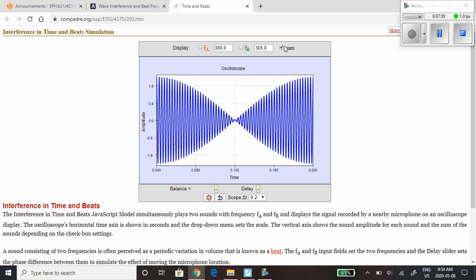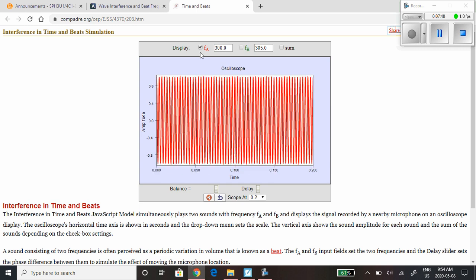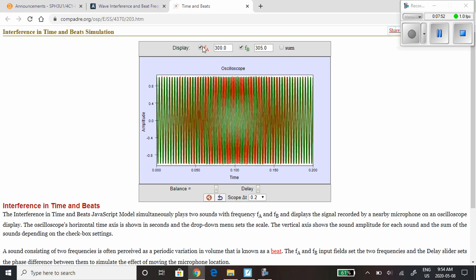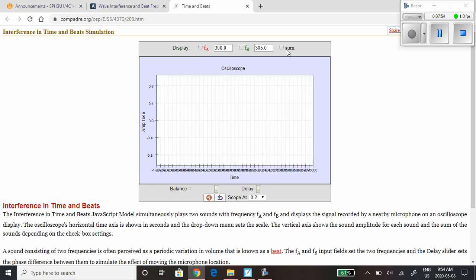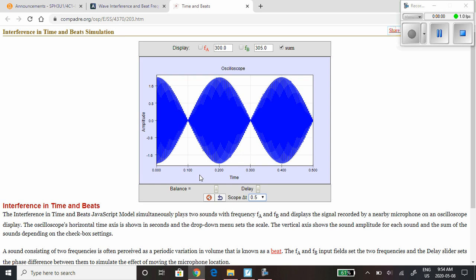That's the sum. So I can either show the sum, the interference, or I can show one of the waves, or I can show the other wave, or I can show both waves together, or I can just show the sum. And you can also change the time available for you to look at these things.